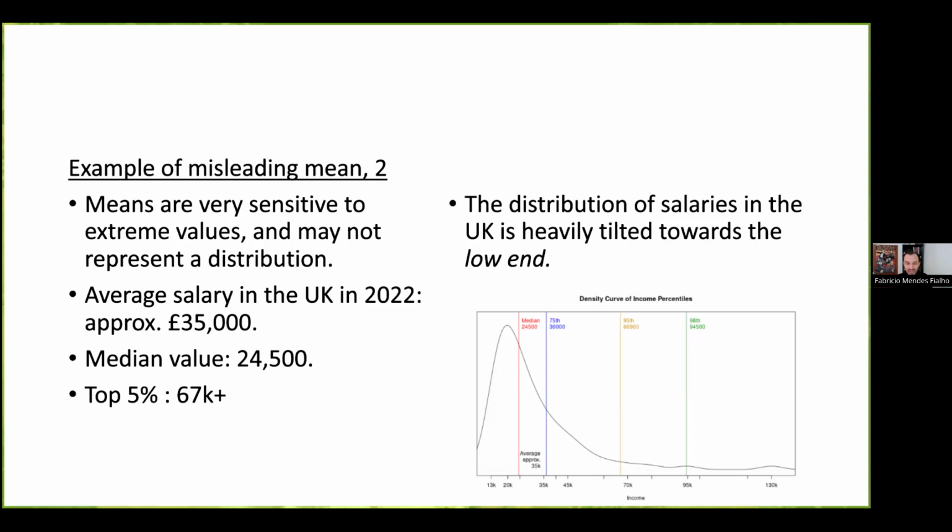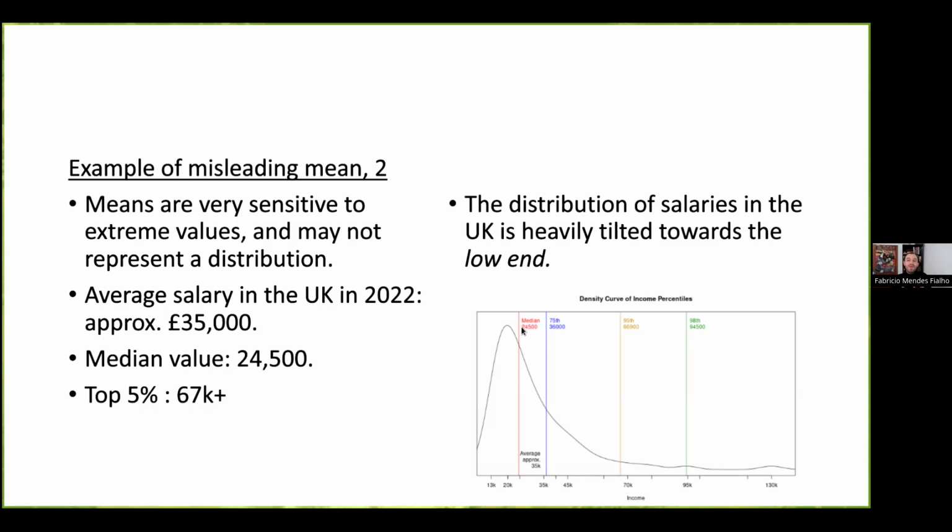What is the median salary in the UK? I found that the mean value is 35,000, but the median value is 24,500 pounds per year. So it shows us that because there are some individuals making so much money here, the average value is about 10,000 pounds more than the median value.